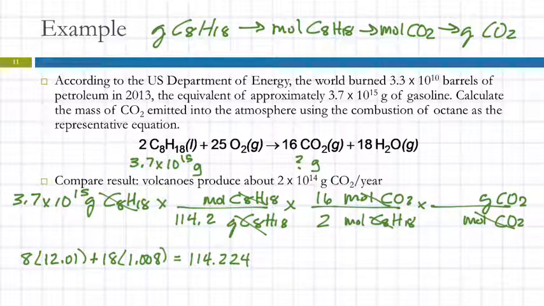We have to calculate the molar mass of CO2. To save time, I'll just tell you that's 44.01. And now we can take this 3.7 EE15 divided by 114.2 times 16 divided by 2 times 44.01.